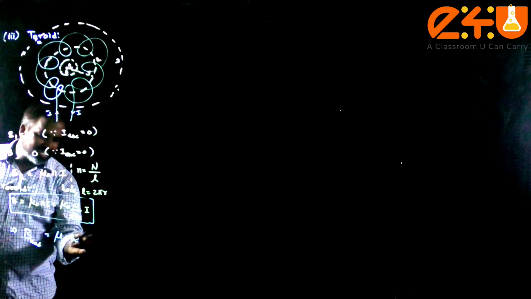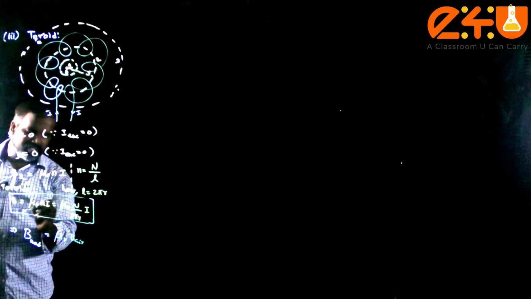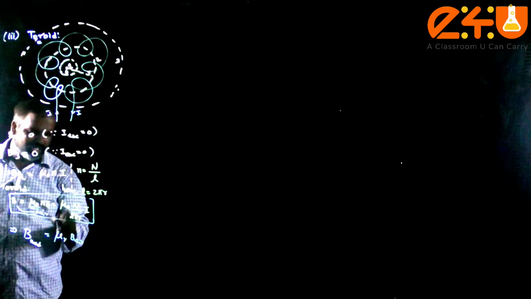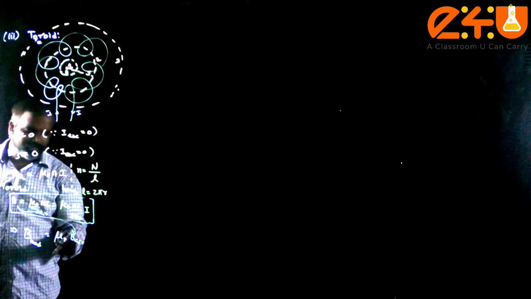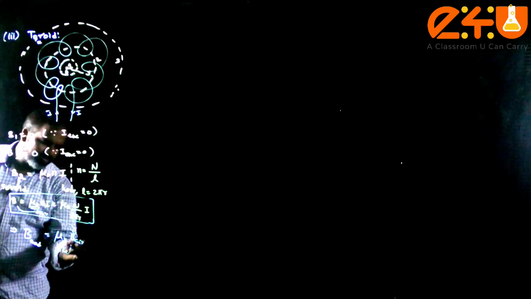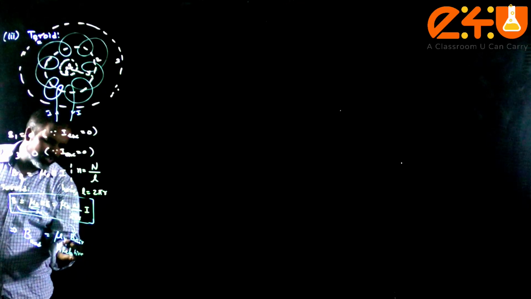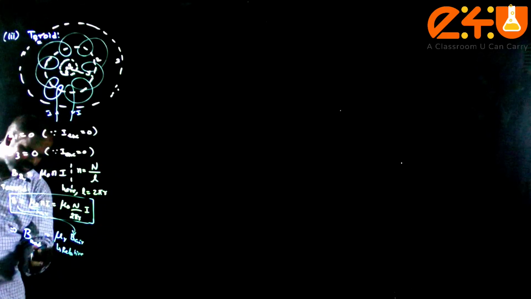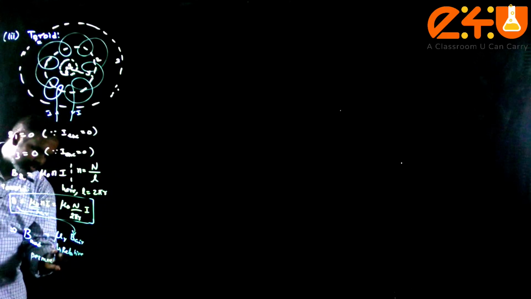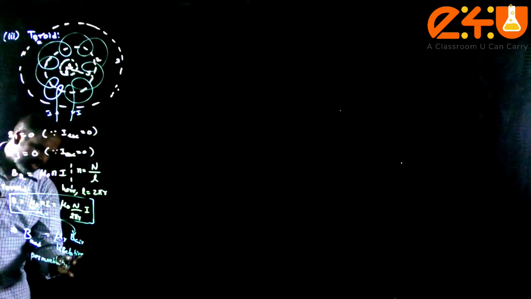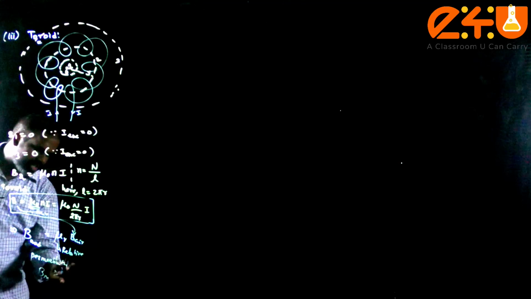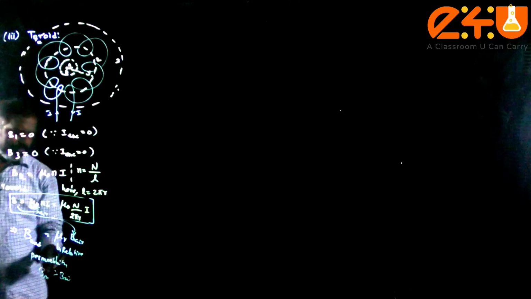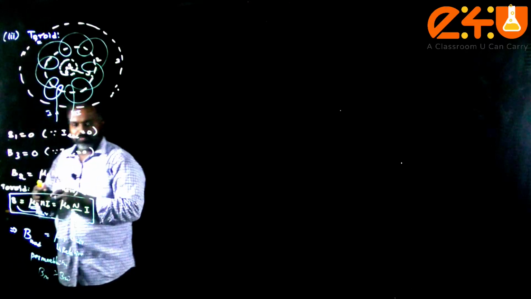Mu naught means we are considering an air medium only, an air core solenoid or air core toroid. Mu r is the relative permeability, which we will discuss in the next chapter. Okay, students, therefore B medium is greater than B air. That is the thing we must know.